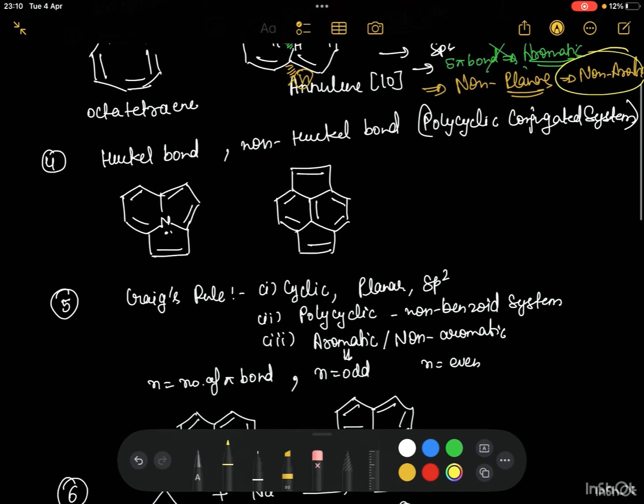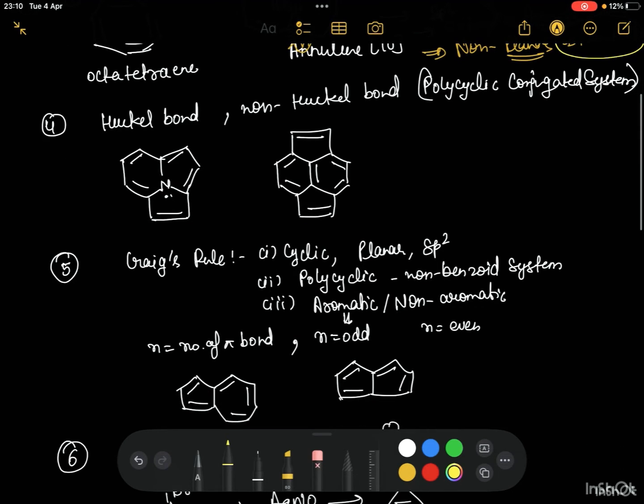Now the next type is the polycyclic conjugated system. In that system we will not count the one lone pair. Why? We will first check delocalization. In that first compound, all are sp2 hybridized, and it is a planar compound.